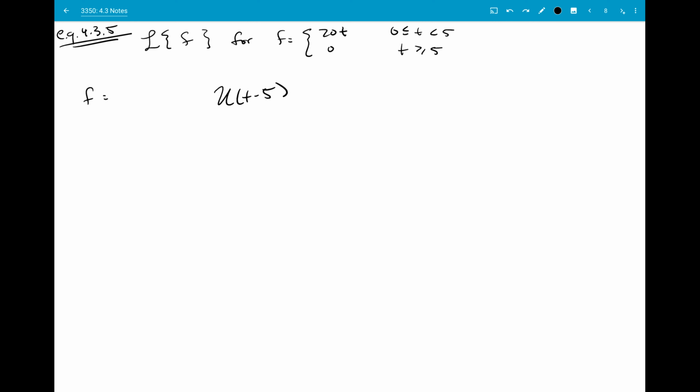So I want f to be 20t when there is no u of t minus 5. When t is less than 5, I want that 20t. But once we pass 5, u of t minus 5 becomes 1, and I want the 20t to go away. So I subtract 20t times u of t minus 5.